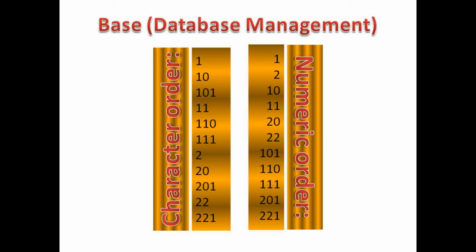Now we look at that in a numerical order and realize that 1, 2 comes before 10, and 10 and 11 come before 20. 20 and 22 come before 101, etc., on down. And that is the order that we are looking for. So we are looking for a numerical order to make our reports look as we expect.